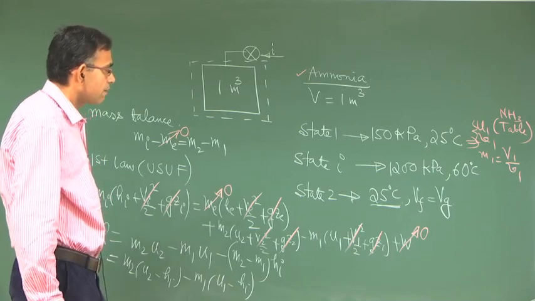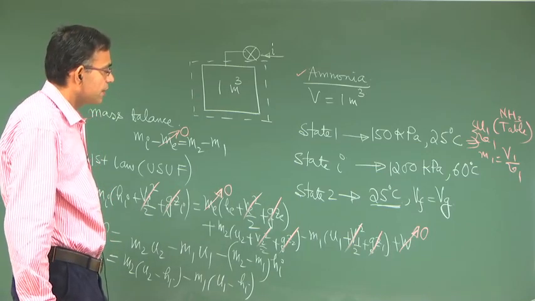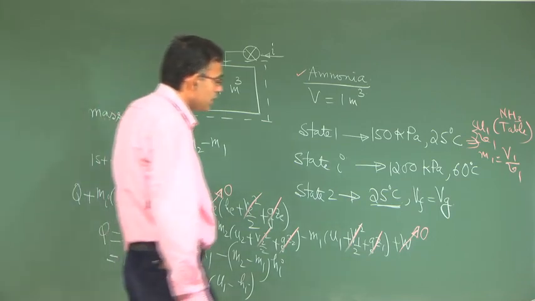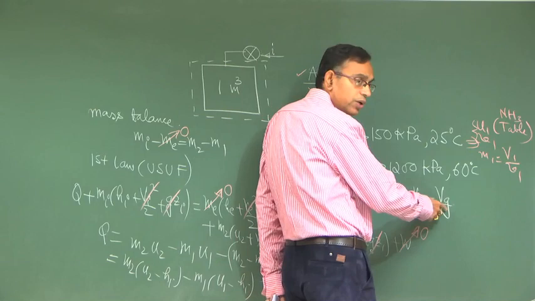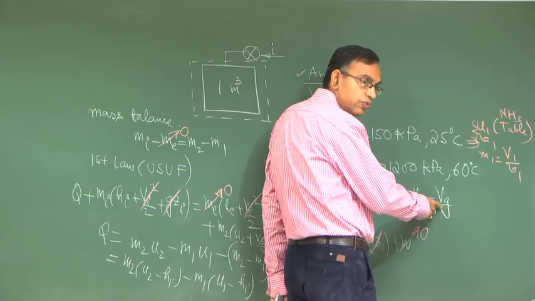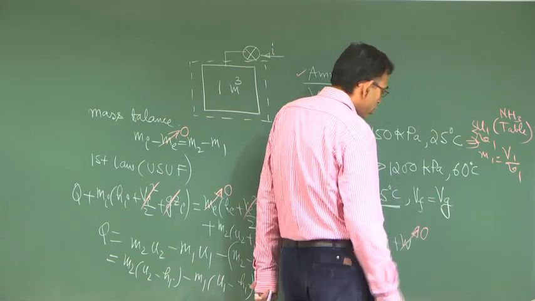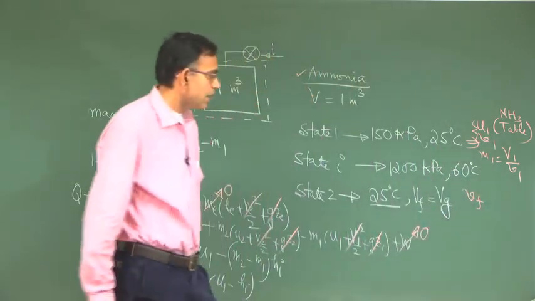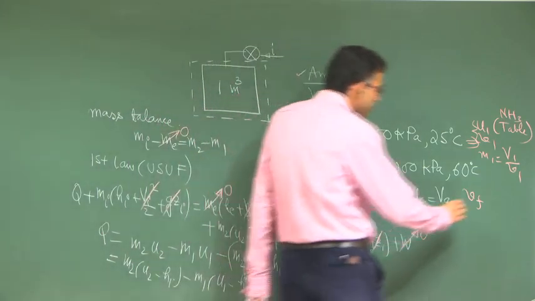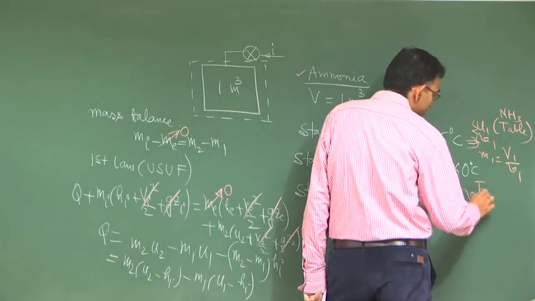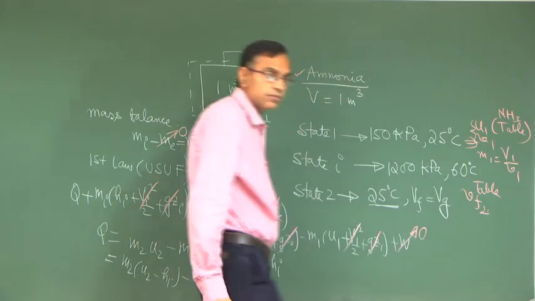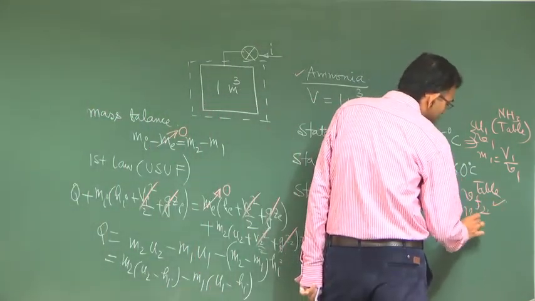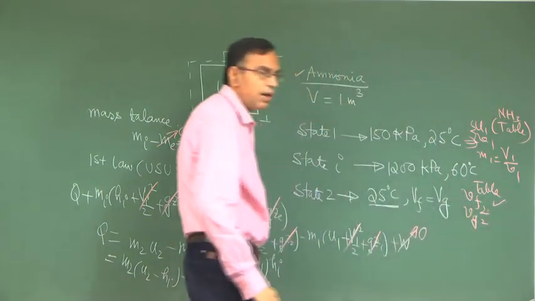State 2, clearly you have a liquid vapor mixture, that means it is in the two phase region. So, you find out Vf at state 2, Vf at 25 degree centigrade, again from the table. You also find out what is Vg, and the mass of the vapor.